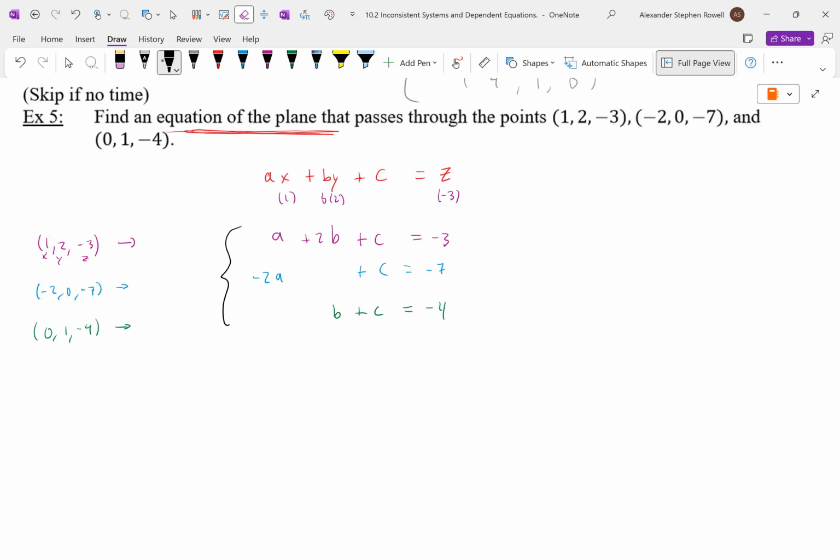It's possible that we have a single solution. If we find a, b, and c, then we know the equation we're after. So as an augmented matrix, I have 1, 2, 1, -3 as my first equation. Then -2, 0, 1, -7, and 0, 1, 1, -4.